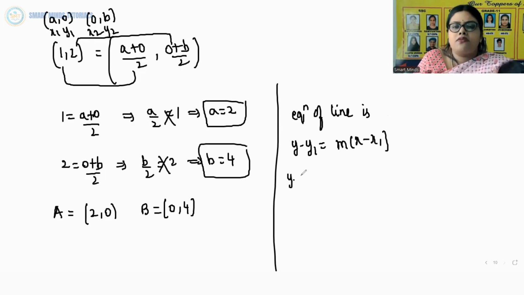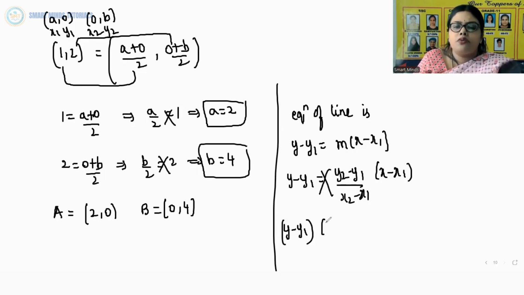So y minus y1 is equal to, in the place of m we are writing y2 minus y1 by x2 minus x1, into x minus x1. If we cross multiply, we will get y minus y1 into x2 minus x1 is equal to y2 minus y1 into x minus x1. Now we have the a and b points. Take them as x1, y1 and x2, y2.